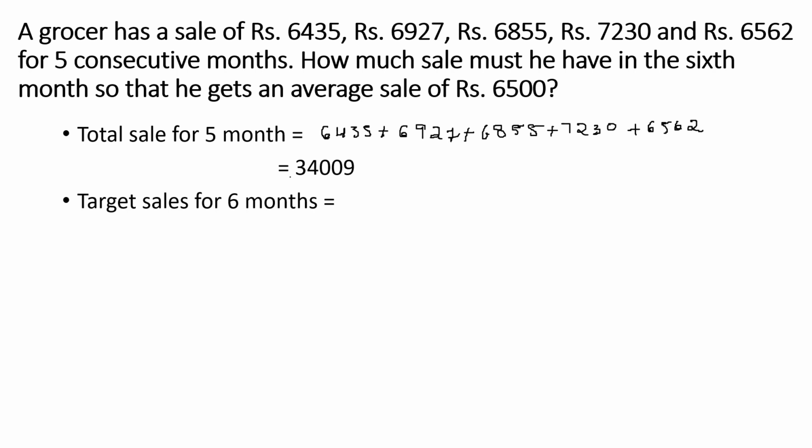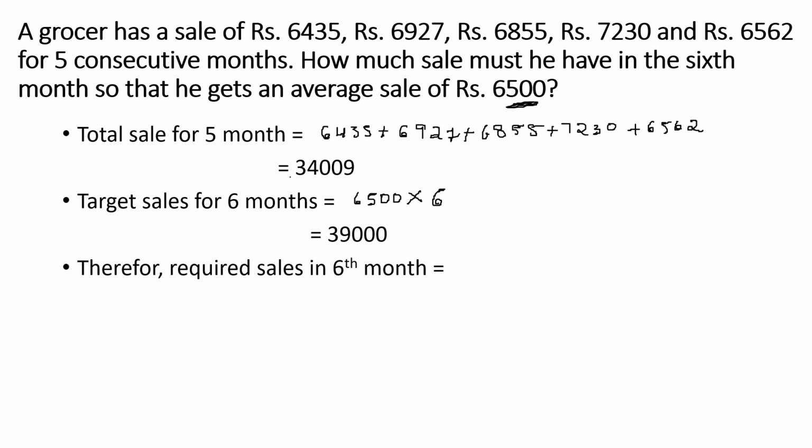Now the average sale for 6 months is 6,500. Okay, this is the average sale for 6 months. So the target sale for the 6 months should be the average sale multiplied by the number of months. So 6,500 into 6 is 39,000. So the required sales for the sixth month will be the difference of this.